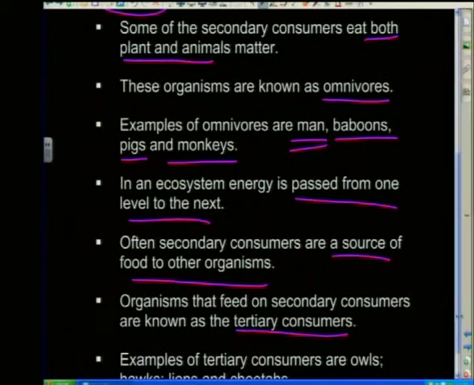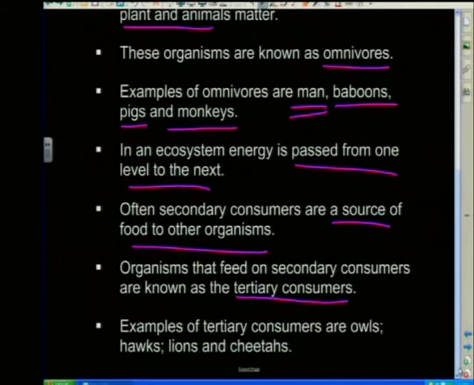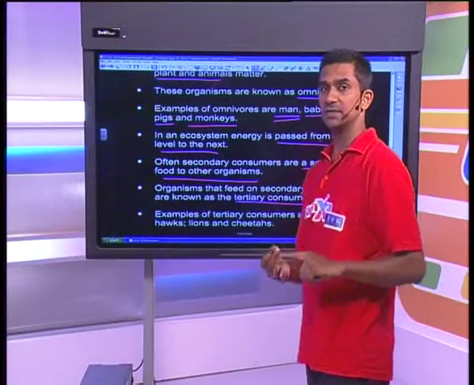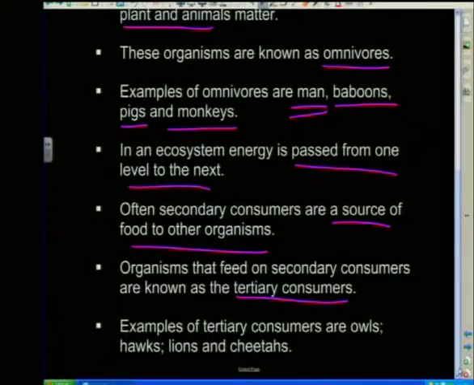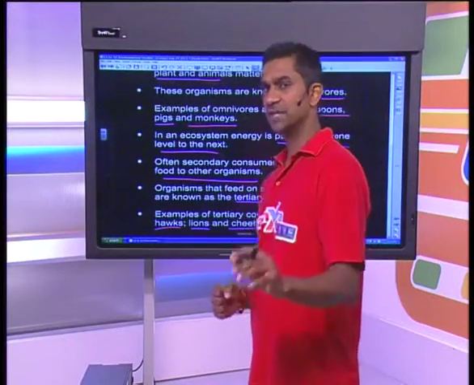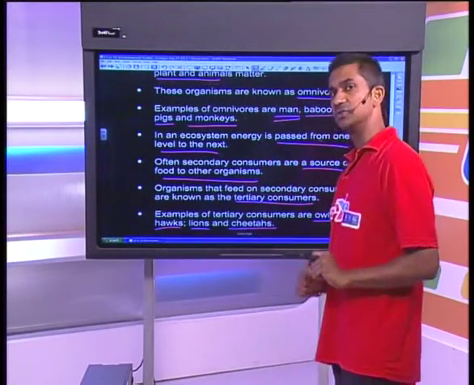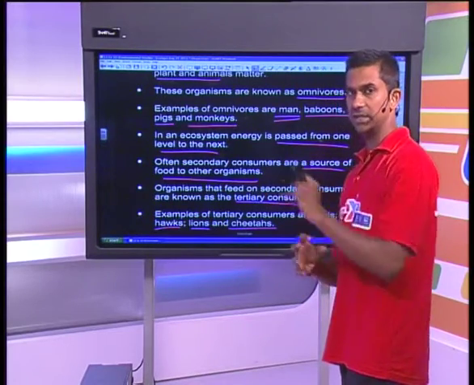So we have the primary consumers, the secondary consumers, and the tertiary consumers. Some examples of tertiary consumers would be owls, hawks, lions, and cheetahs. On the next few slides, we can look at some food chains, and some of these tertiary consumers and how they interact in an ecosystem.